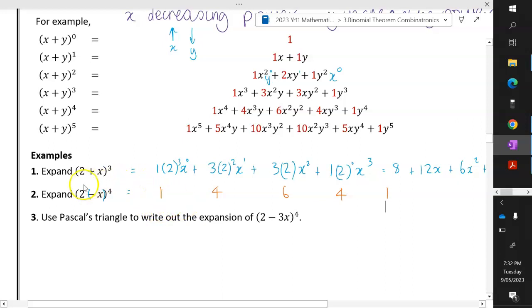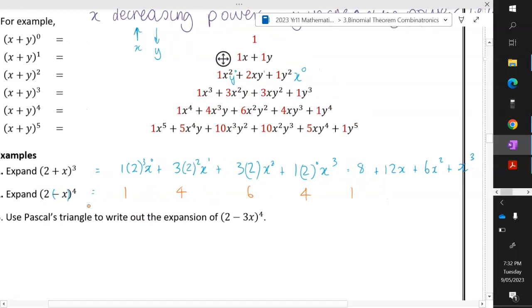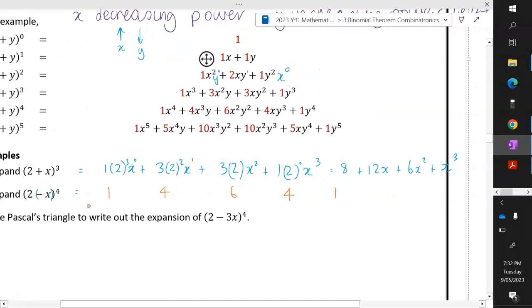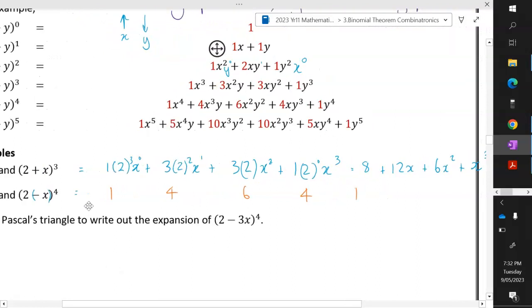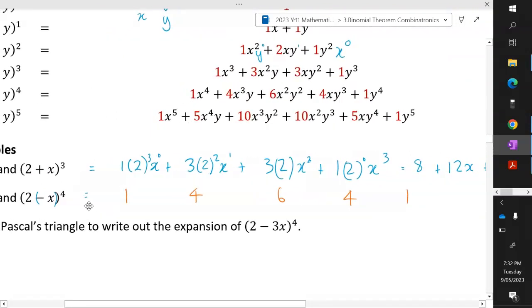So we're going to start first of all with 2, which is our first term in the brackets, and it's going to be to a power of 4. So we've got 2 to the 4, 2 to the 3, 2 to the 2, 2 to the 1, and 2 to the nothing, which is just 1.